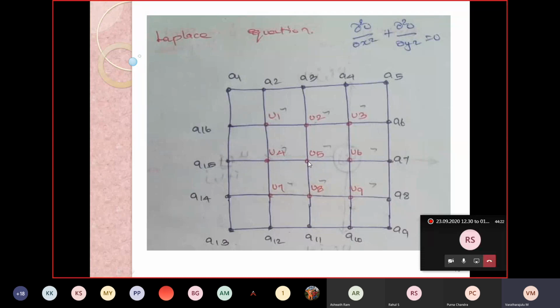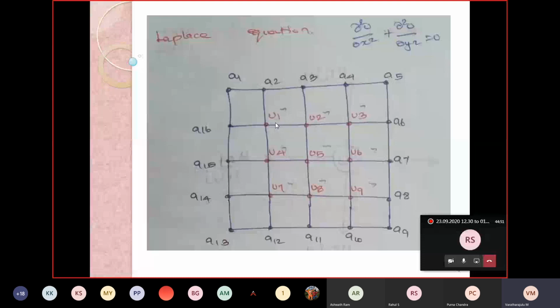In order to apply the standard 5-point formula, we need 4 boundaries. Assume we are concerned about U1. If we are going to apply the standard 5-point formula, we can find U1.